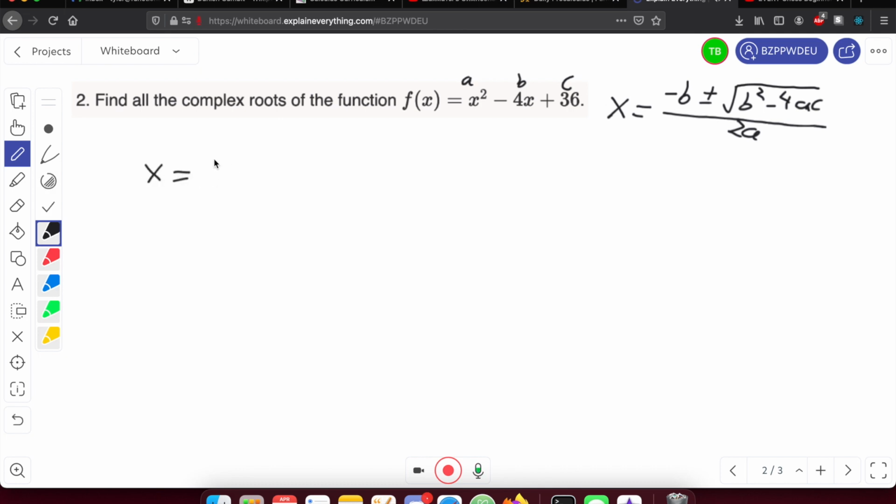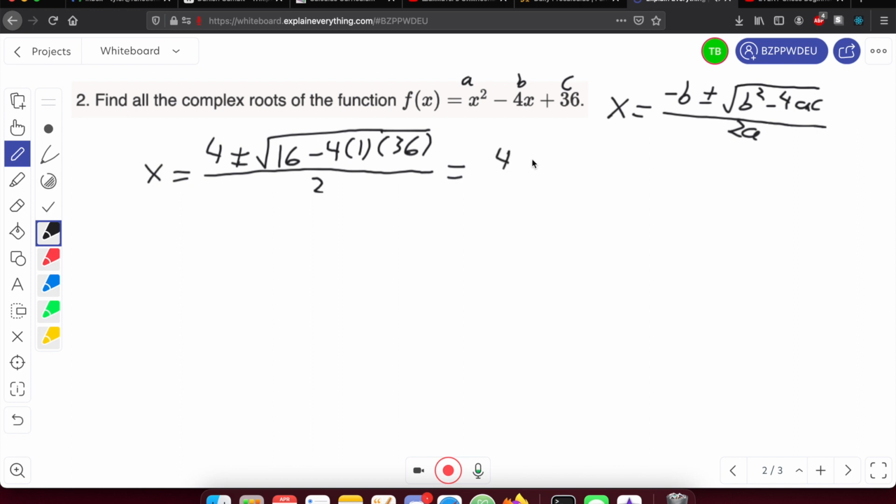We're going to go negative b is negative negative 4, which is 4, plus or minus the square root of negative 4 squared is 16, minus 4 times 1 times 36, all over 2 times a, which is just 2.